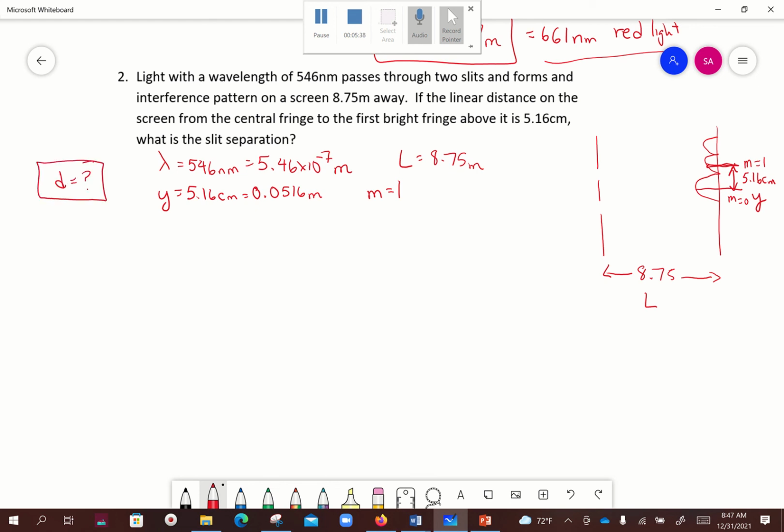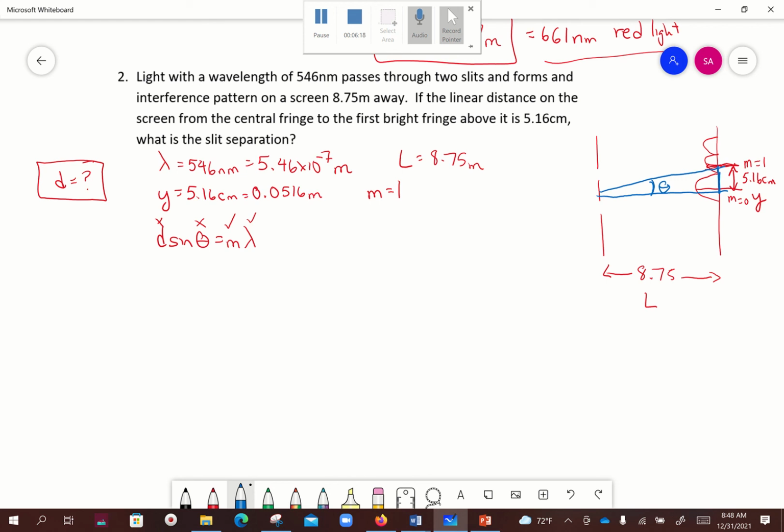What equations do we have? We have d sine theta equals m lambda. We know lambda and m, but we don't know d or theta, so we can't use that equation right now. Is there another equation? Yes. If we have rays of light coming in through the slits, we're trying to find the angle in the triangle.